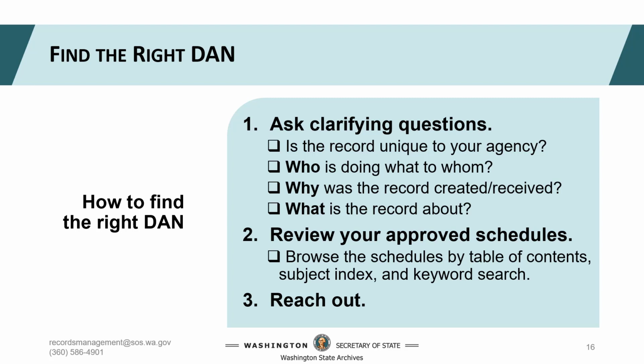Once you've addressed these foundational questions, visit your approved retention schedules on our website. Using the 3 main navigation techniques, find the record series that works best for the record at hand. And if you still aren't clear on the appropriate record series, reach out to the records management team at the Washington State Archives. We are here to help.